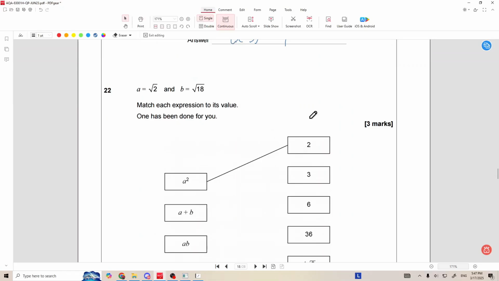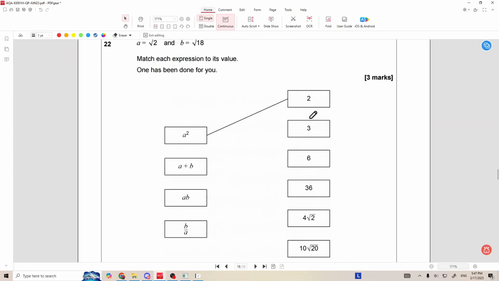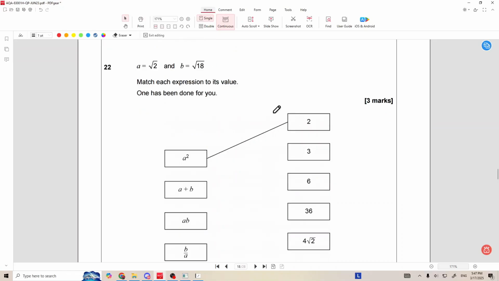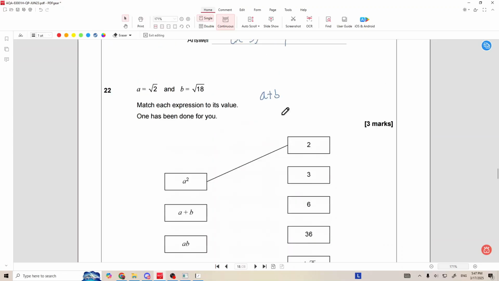Alright. A equals root 2 and B equals root 18. Match each expression to its value. One has been done for you. Alright, so A plus B. Let's see. Root 2 plus root 18. Let's see how we can add these up.